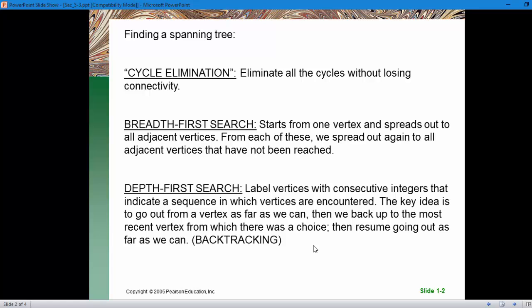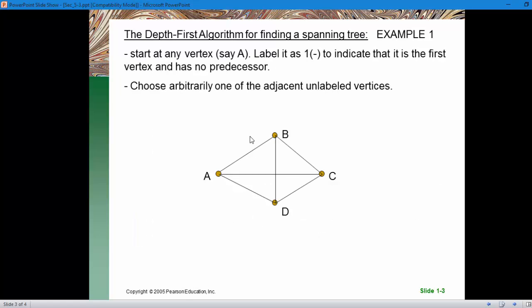So let's see how this algorithm works. It's very simple. We're going to use this small graph to illustrate the algorithm. You start with a vertex A, and you're going to label it with 1. Now, this number 1 has nothing to do with length of first level vertices or anything like that.